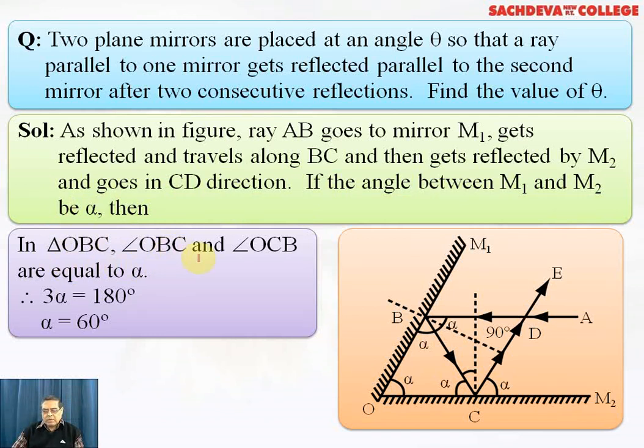From triangle OBC, we find all three angles are equal. That indicates that triangle OBC is equilateral. So 3 alpha is equal to 180 degrees, and alpha is 180 by 3, that is 60 degrees. So the angle between the two mirrors will be 60 degrees.